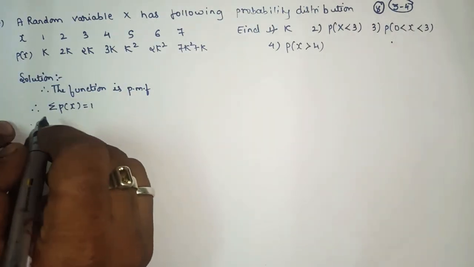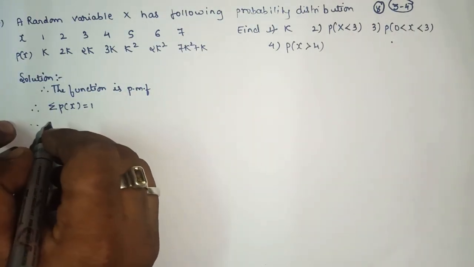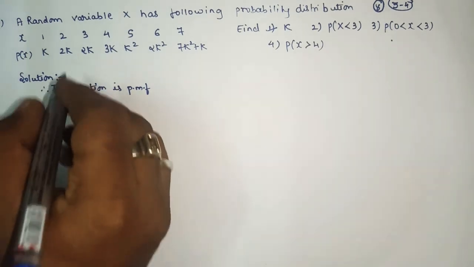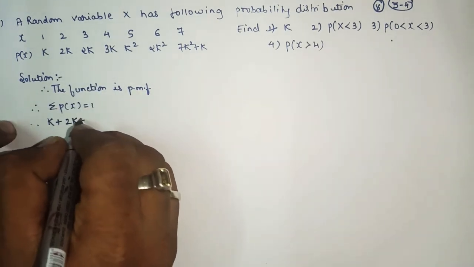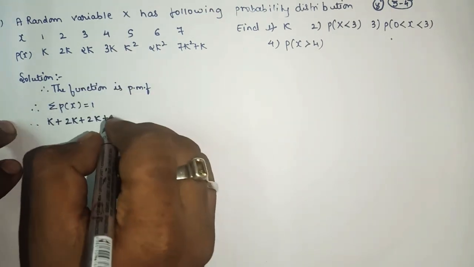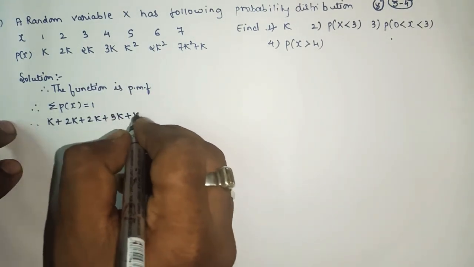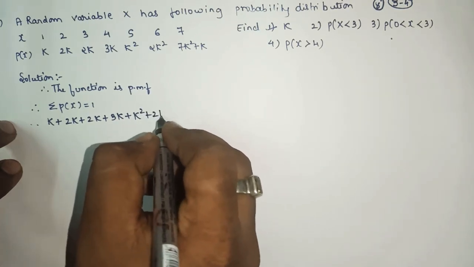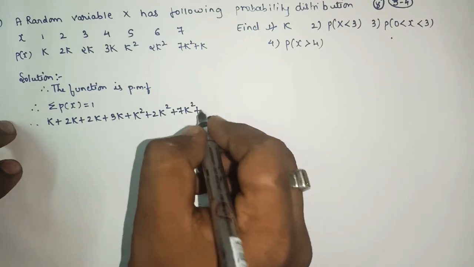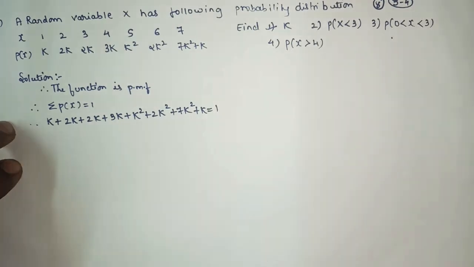The first value is k. Second value is 2k. Third value is 2k. The next 3k, k square, 2k square plus 7k square plus k equals 1.